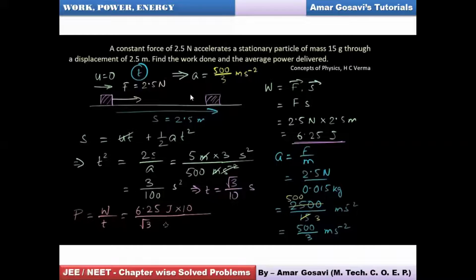Under the given circumstances, the first thing you will do is use the concept of work done. How do we work out work done? Force into displacement, the dot product of force and displacement. We know the value of force, we know the value of displacement. They are in the same line, therefore theta is 0.